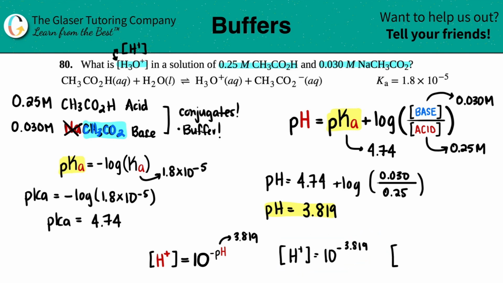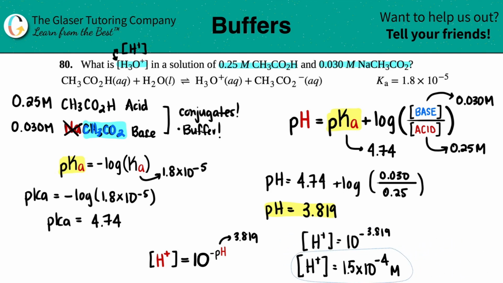And then I have my answer. 10 to the negative 3.819 is about 1.5 times 10 to the negative fourth molarity. There's your H3O+ concentration, or H+, it's the same thing. So 1.5 times 10 to the negative fourth.